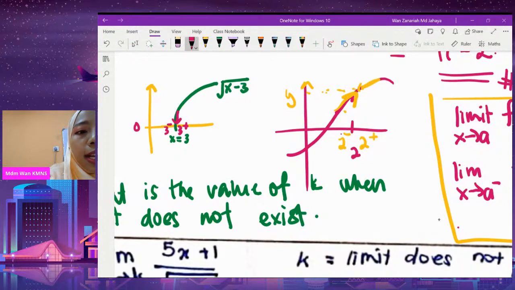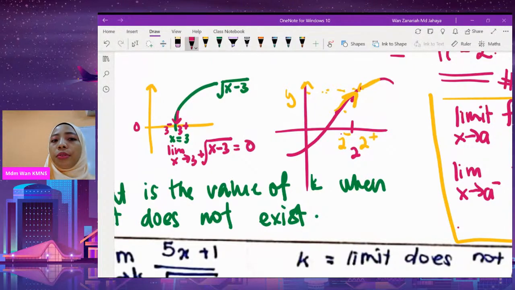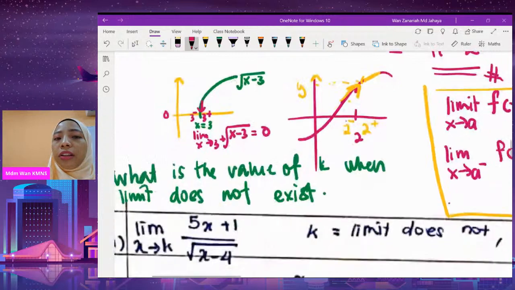In this case, the limit x approaching 3 from the right of f(x), or square root of x minus 3, is equal to 0, right? Agree or not?